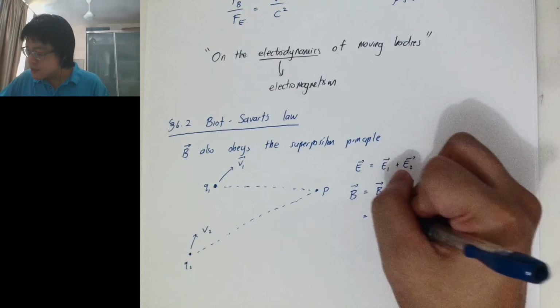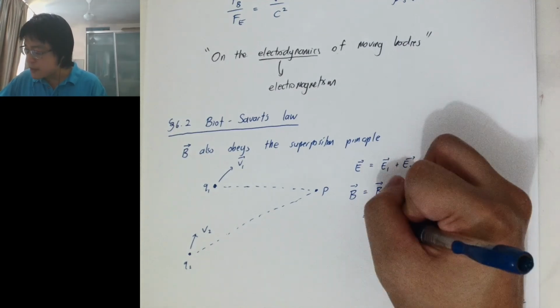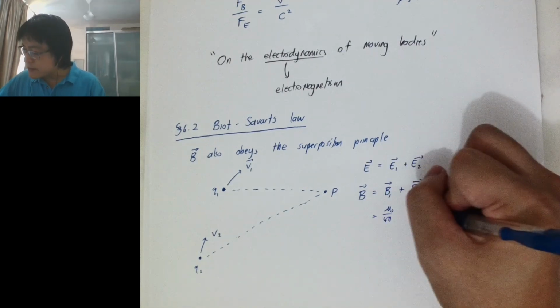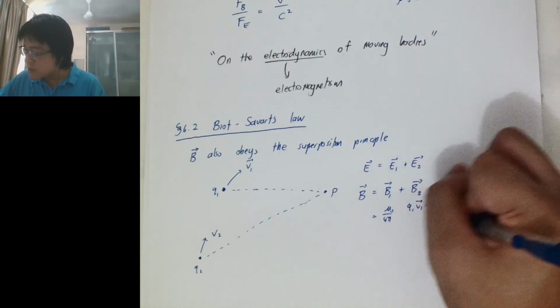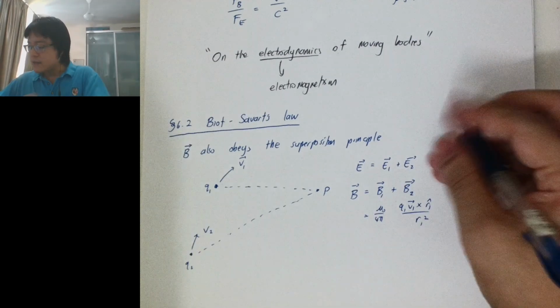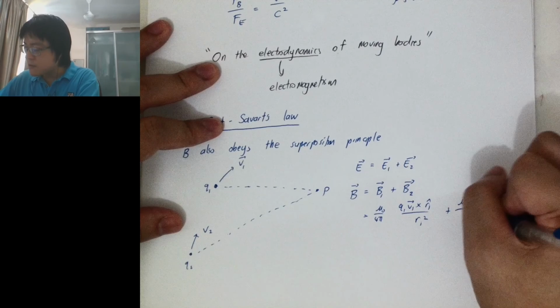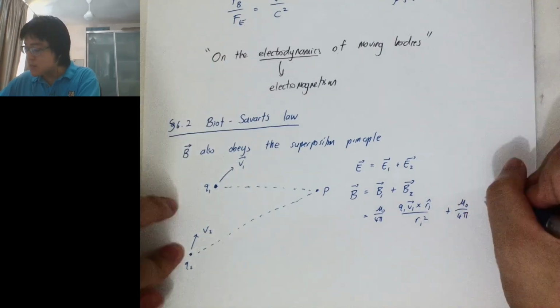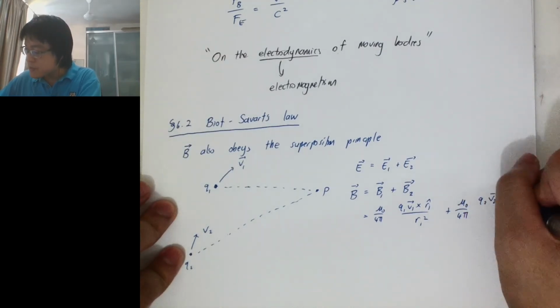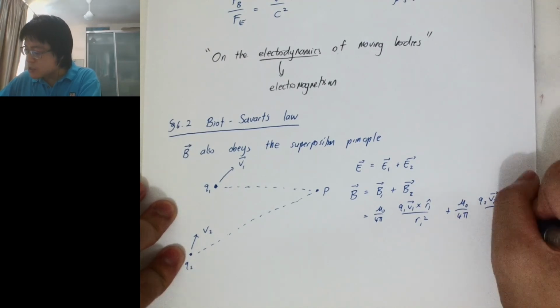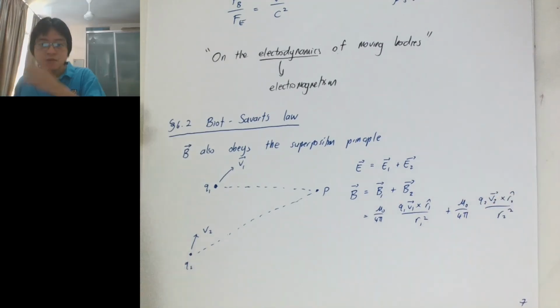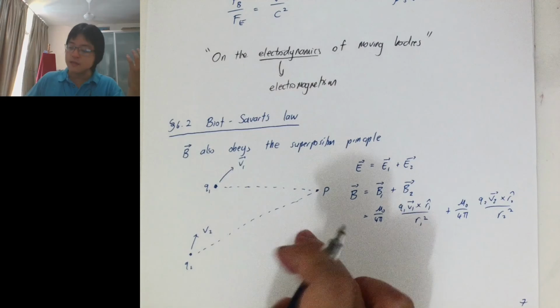So it's just mu over 4 pi, right? I got q1 v1 cross r̂1 over r1 squared, and then the same thing for the other one. We just substitute the corresponding values for the second charge, and then you add up the two vectors, and you get the total vector.